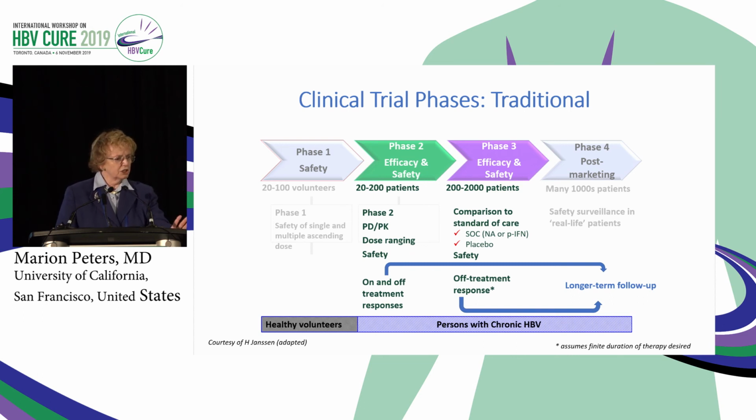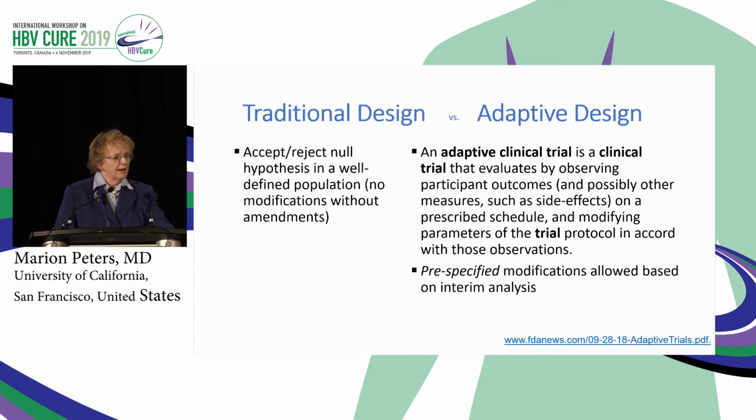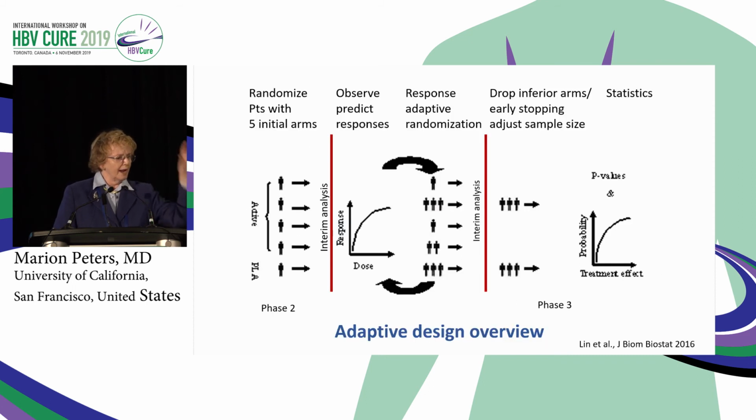So this is the traditional clinical trial phases you're all aware of, but it's the adaptive design that Poonam talked about, where you have pre-specified modifications based on interim analyses. So here on the left, you randomize 5 different arms, then you do an interim analysis, you do your statistical analysis, and then you do response adaptive randomization.